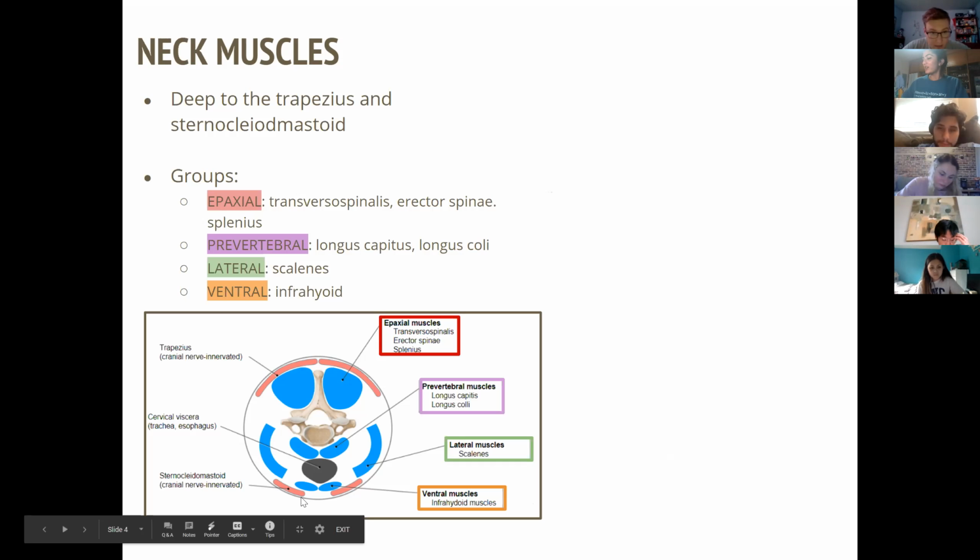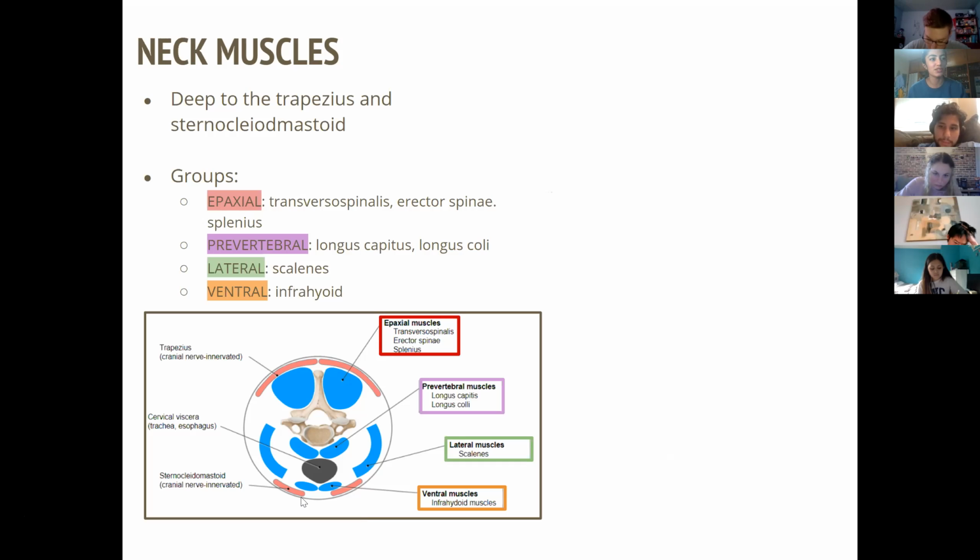Sternocleidomastoid, exactly. So does anyone remember what we talked about last week with these two muscles? Anything about them that we remember? They help move the neck. So which one helps move the neck? The sternocleidomastoid. The sternocleidomastoid, that helps to move the neck.